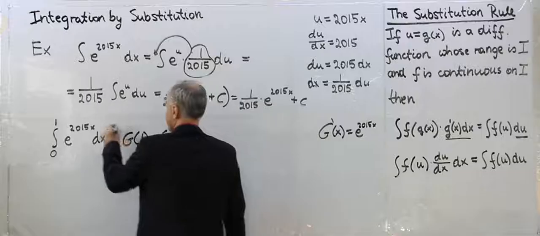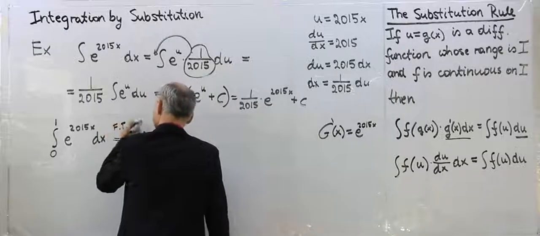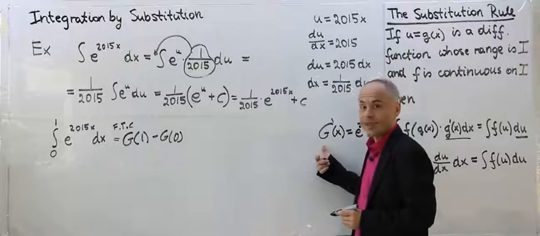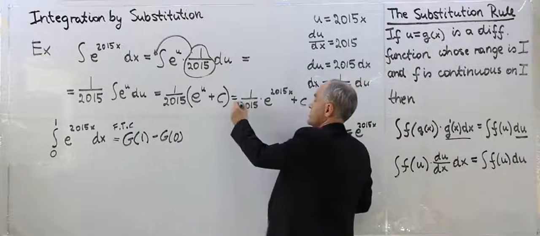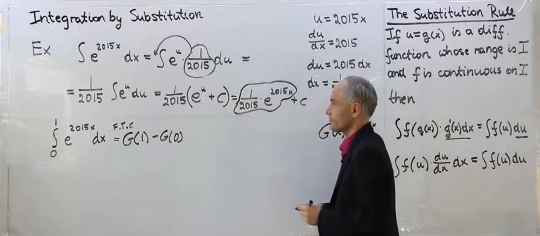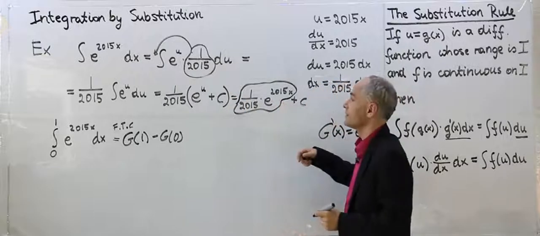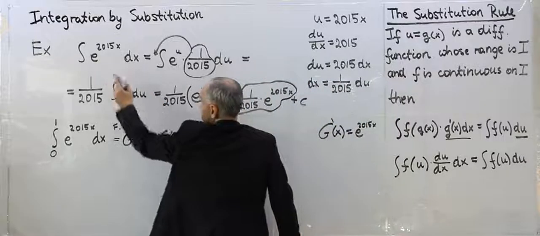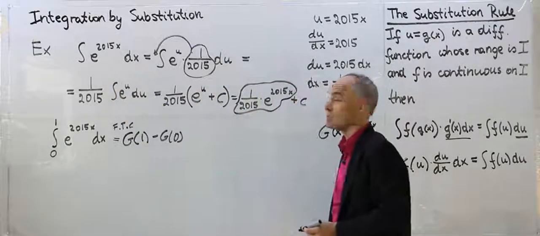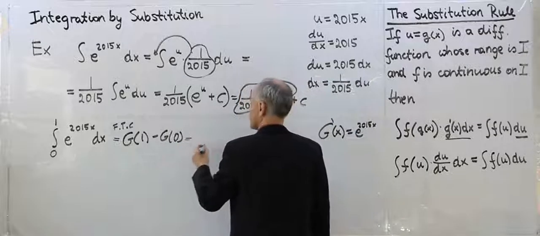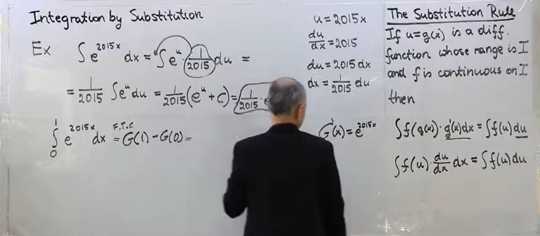That is the fundamental theorem of calculus. But I know what g is, right? I can pick g to be this, because I already calculated the general antiderivative of our indefinite integral, e to the power 2015x.